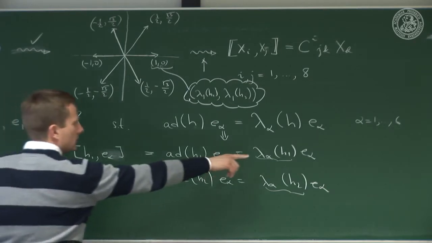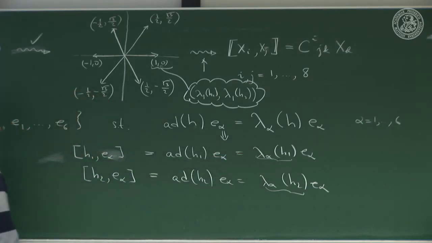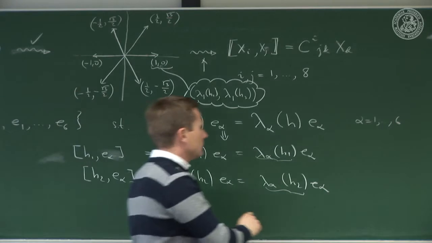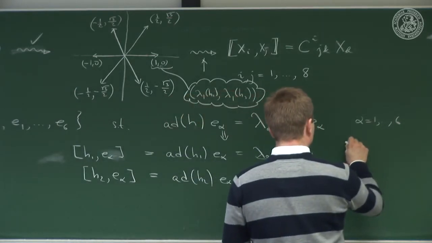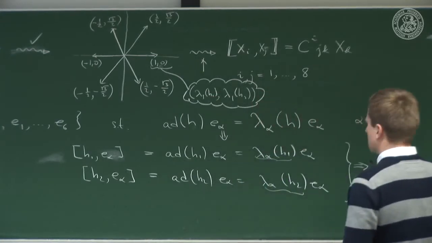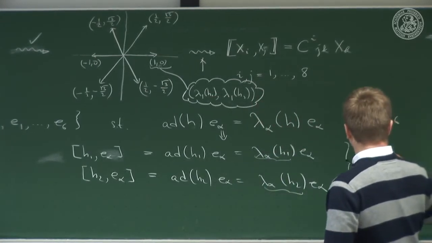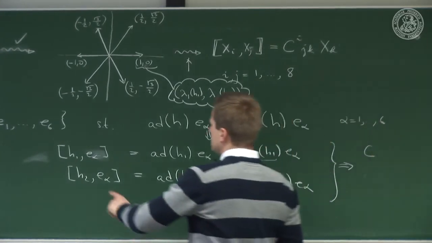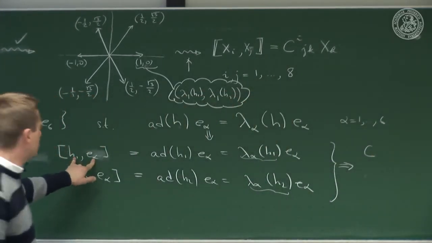And we know that we have here the e_alpha, so we read off from up here, so I now look at the structure coefficients.